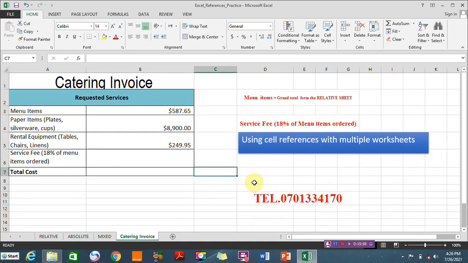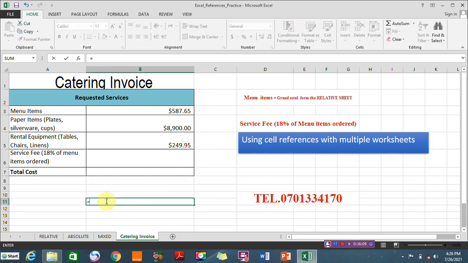Remember, if you're dealing with a sheet name that has a space, for example a name like this one, you will use this. For example, let me write it here. It will be equals, we put it under a quote, then we write catering invoice, then we close it with that quote.